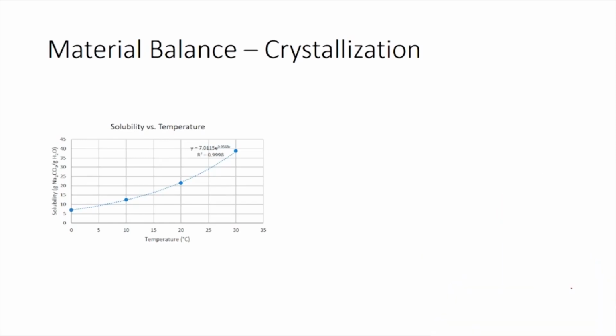So, what we do for that is, the equation is written down as solubility equals 7.0115 times e power 0.0568 T, where T is the temperature. So, we calculated the solubility for the exit stream as 31.8 grams of Na2CO3 per 100 grams of water.